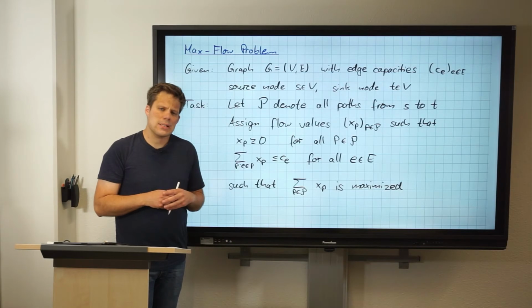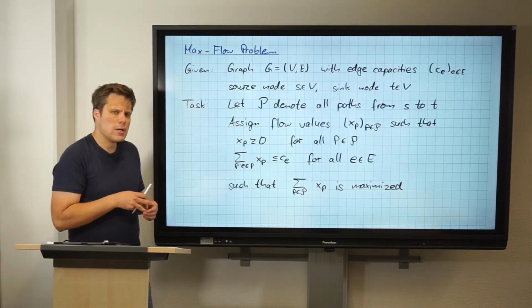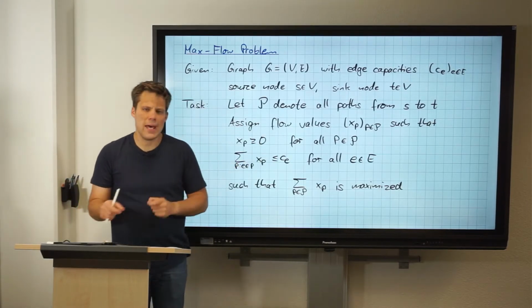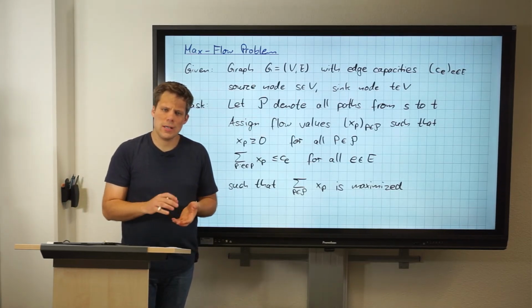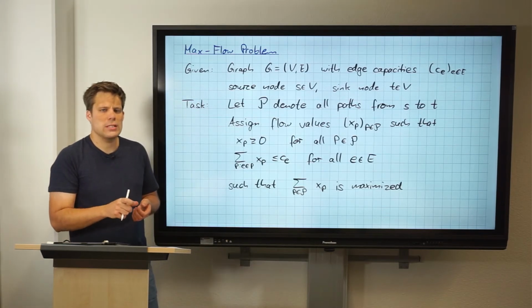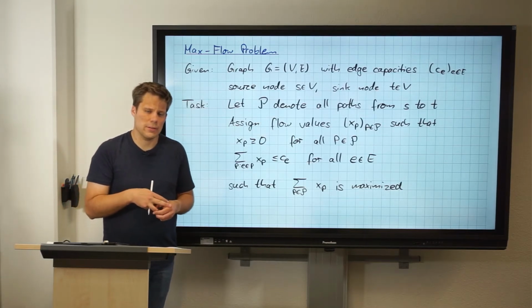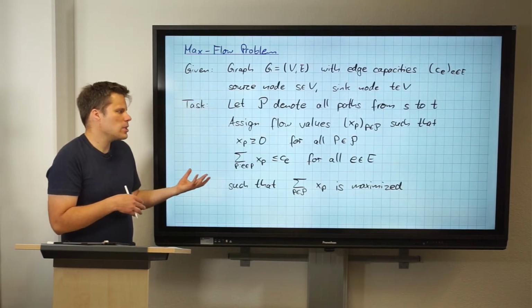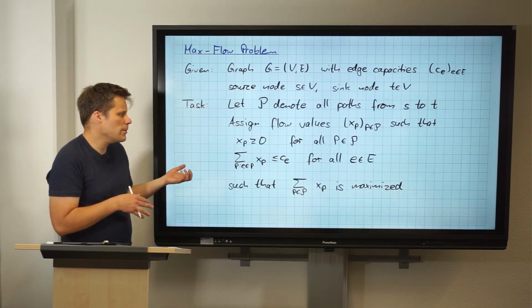So we're using a slightly different formulation from what you typically see in an undergrad algorithms class, because we are assigning flow values to the paths rather than to the edges. So usually you will say, okay, I want to assign a flow value to each edge, and then I'll have to make sure that flow conservation is fulfilled. Now here we're choosing this slightly different way, which is equivalent and easier for us to work with today.